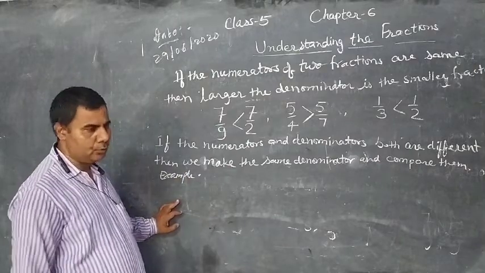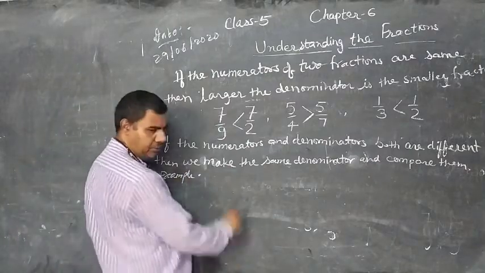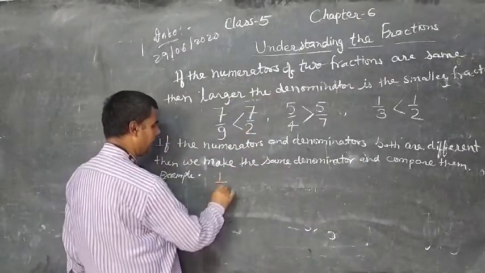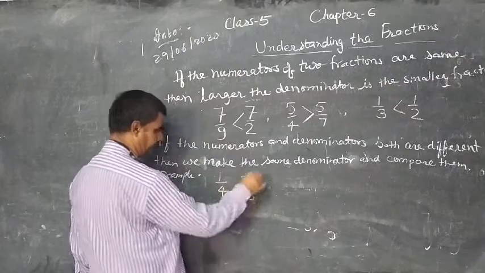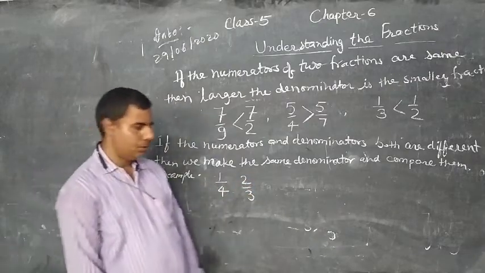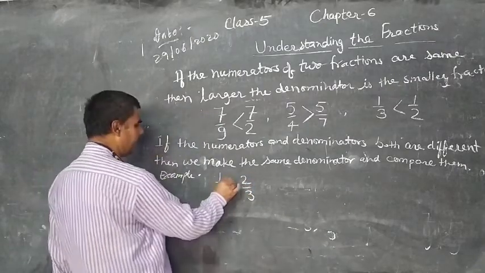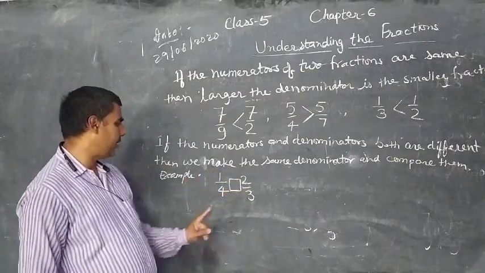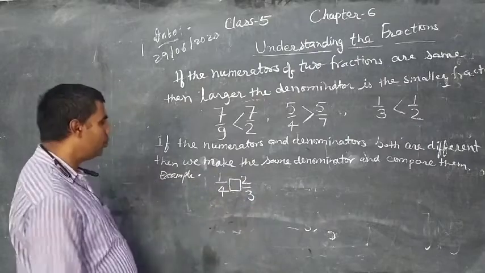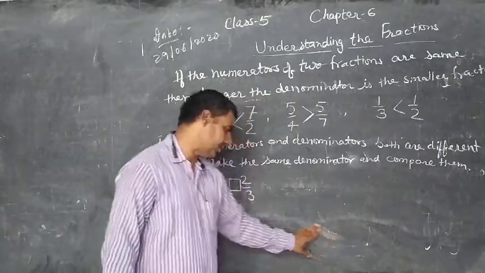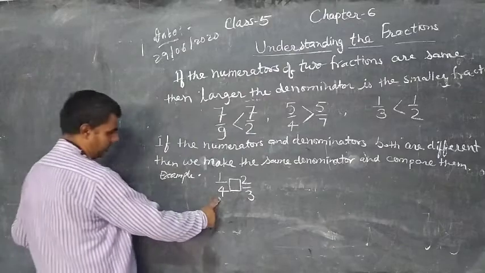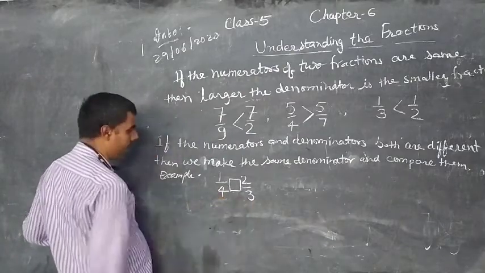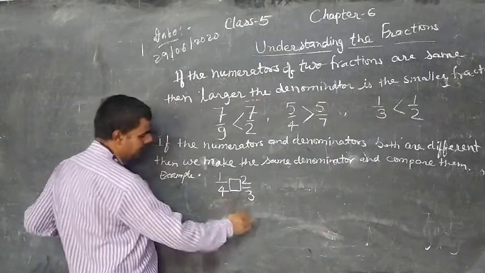Let we have two fractions 1/4 and 2/3. You can look, numerators are not same, denominators are not same. So we will first make the denominator same. Here is 4 and here is 3. How can we make them equal?